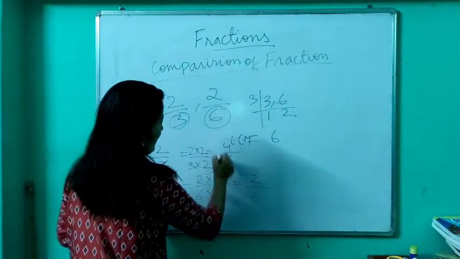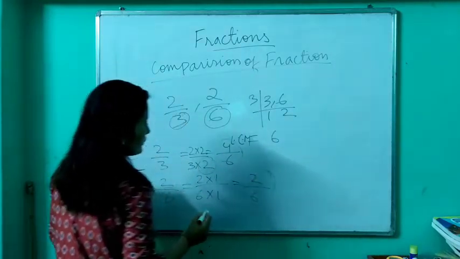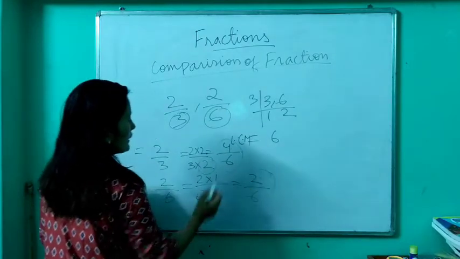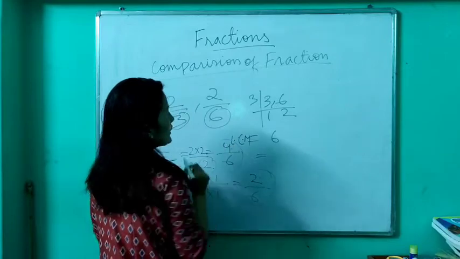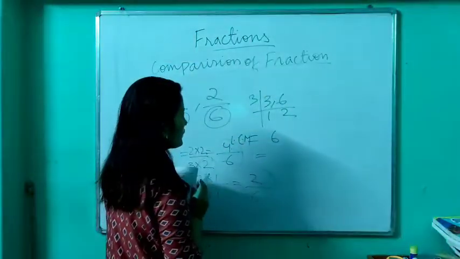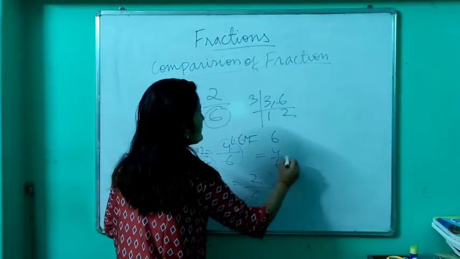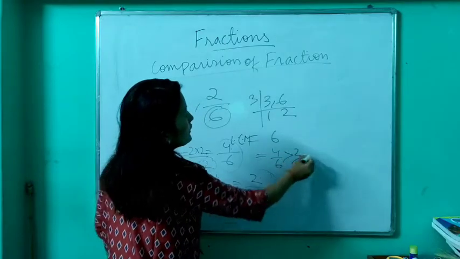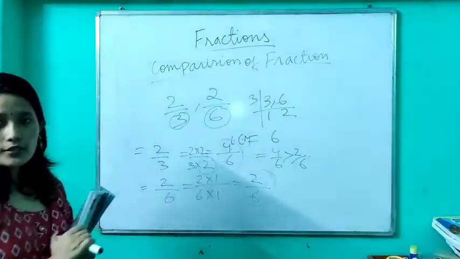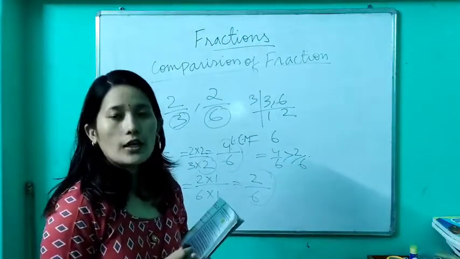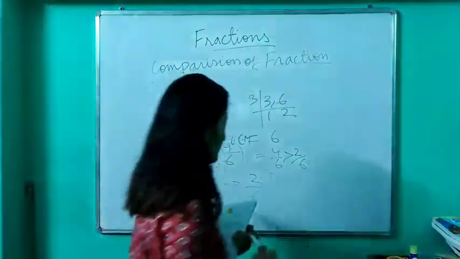Now then compare. You got the like fraction. Now look at the numerator. Which one is greater? This one, because here the numerator is of a greater value than that of the other one. So 4 by 6 is greater than that of 2 by 6. So if you have the same numerator, this is how you compare the numbers. Okay.